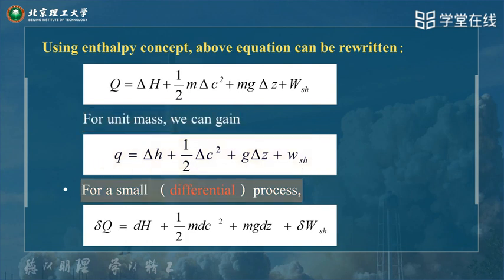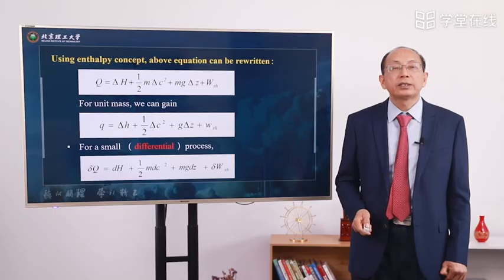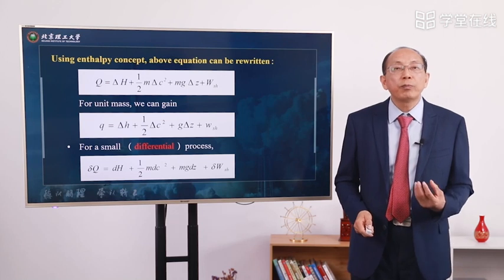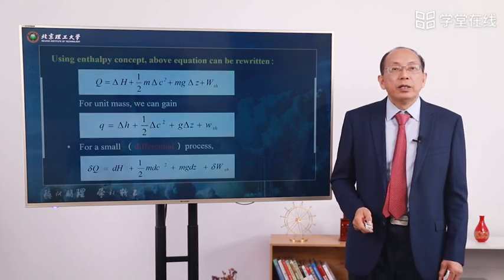If the process is a small process, we can obtain a very important energy balance equation: delta Q equals dH and 1/2 m dc power second plus mg dz and plus delta WSH. Here is the equation for a very small process.